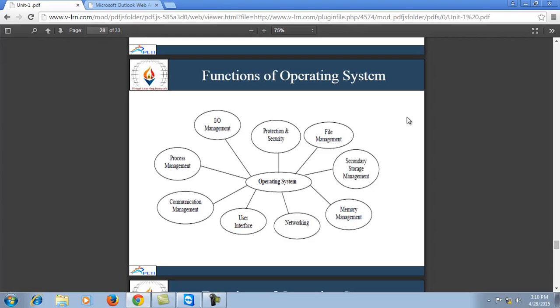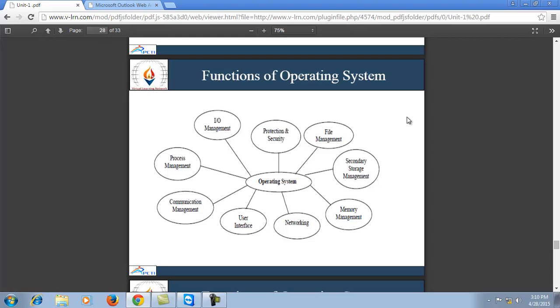That is the focused topic of this subject, operating system. As I told you, the operating system provides an interface where the user can interact easily with their hardware devices.